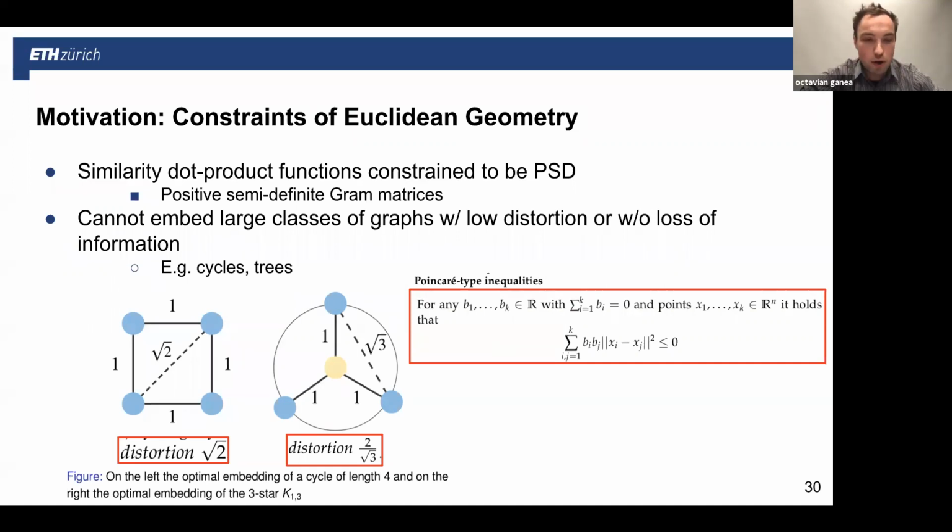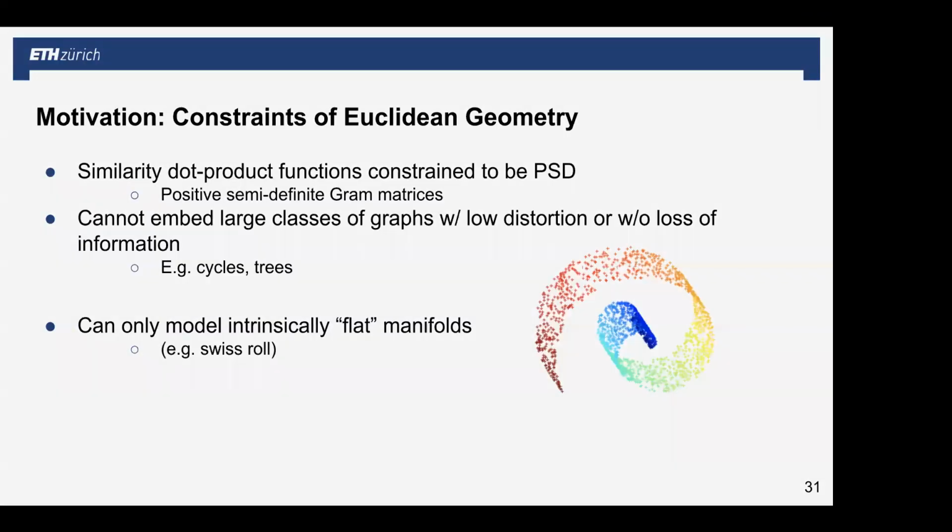Here, 1 would be a perfect distortion, which would mean that the graph distances are exactly matched in the embedding space, and bigger than 1 means we already encounter some distortion. So we cannot place, let's say, this square on the left in any Euclidean space such that the graph distances exactly match the embedding distances. So the distortion is. Oh, sorry, Nick.